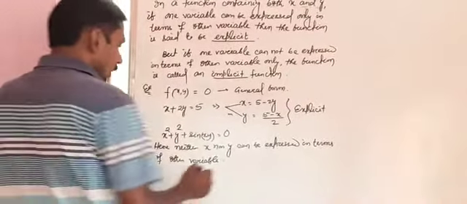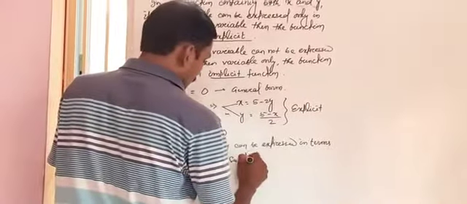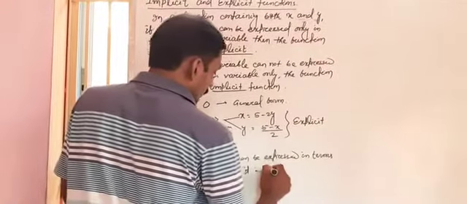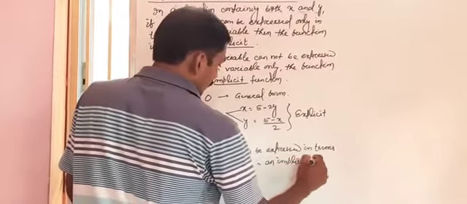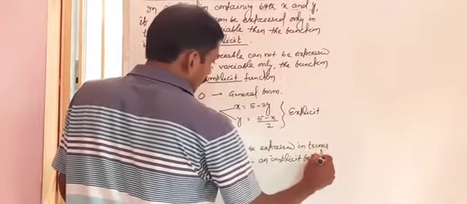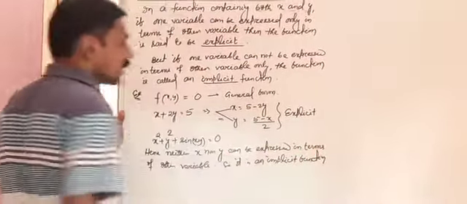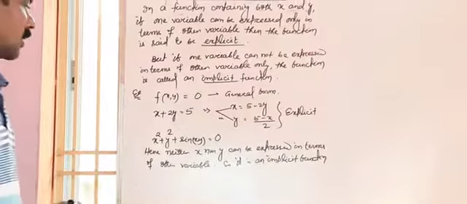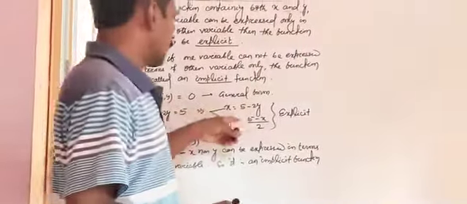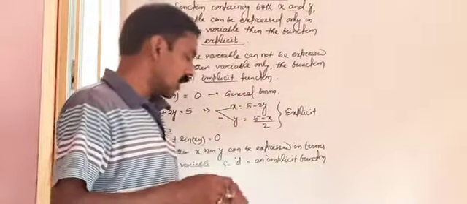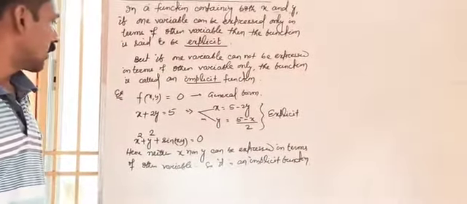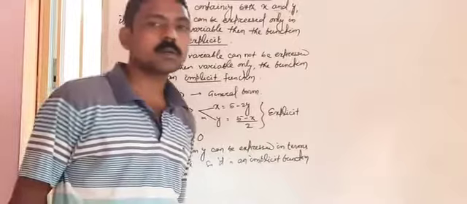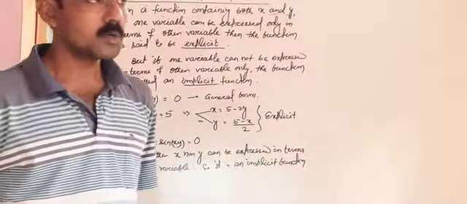Okay, so it is an implicit function. Now clear? Where you can express one variable in terms of the other, it is called explicit, and when one variable cannot be expressed in terms of the other, it is called implicit.